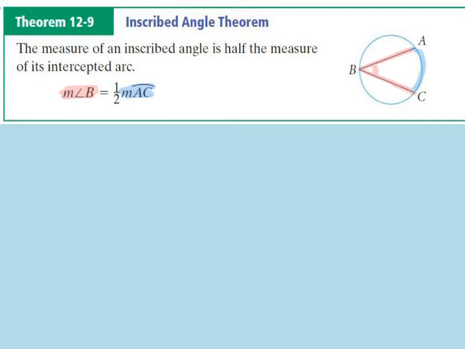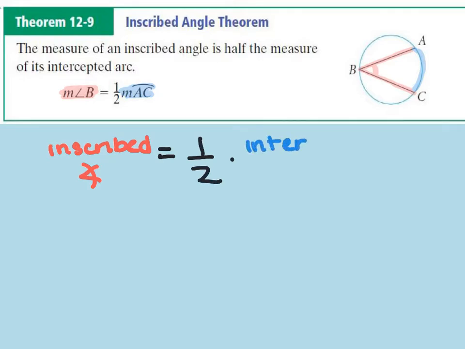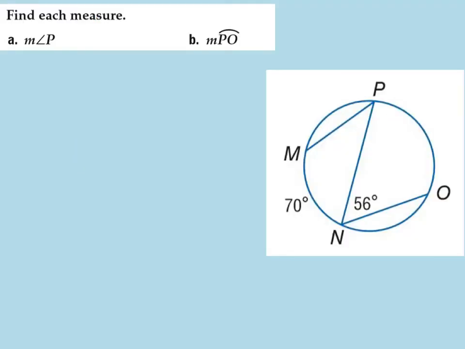So to generalize this, we can say that the inscribed angle equals 1/2 times the intercepted arc. So using this formula, if I rewrite it, the inscribed angle equals 1/2 times the intercepted arc, I can look at what's given.